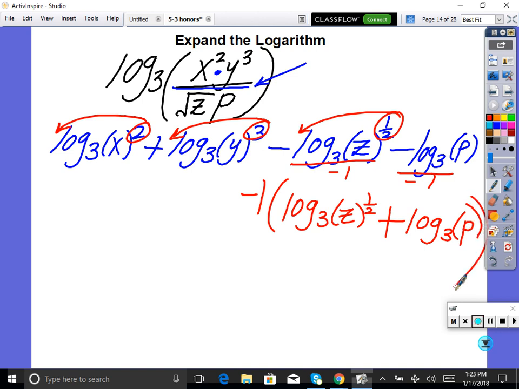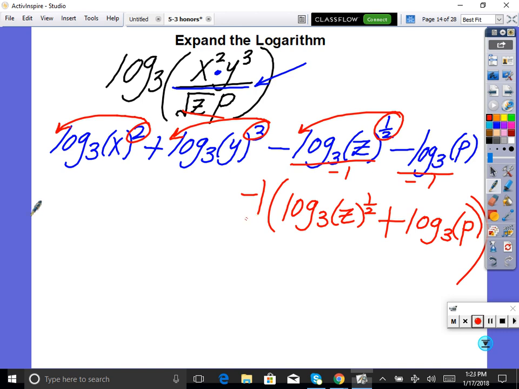Because think about it, isn't that putting these multiplied together? Which they are. And then this negative puts them both on bottom. Does that make sense? So you could have left your answer with parentheses. That's why I didn't say no to you guys, because yours was equally as good.